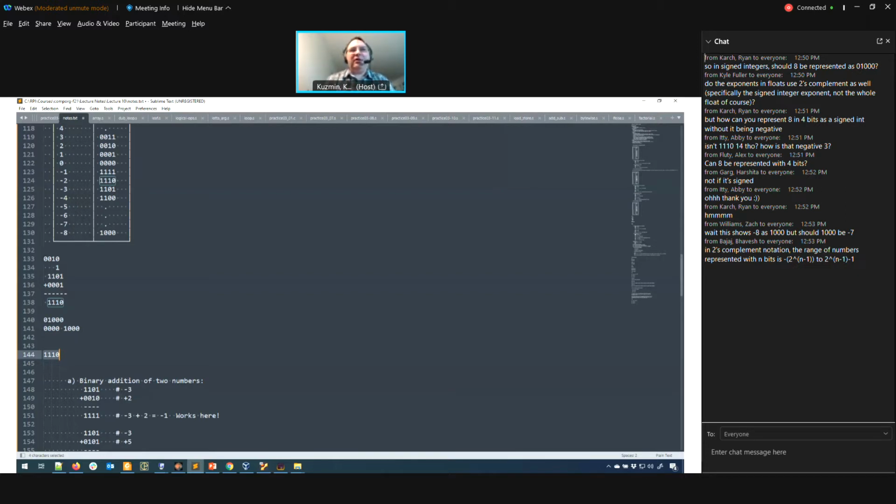Do they represent a character? Do they represent a number? If a number, what kind of number? Floating point, integer, signed, unsigned, right? If you do not know this, and if you're not given context, you cannot tell. So you somehow have to be able to deduce it.